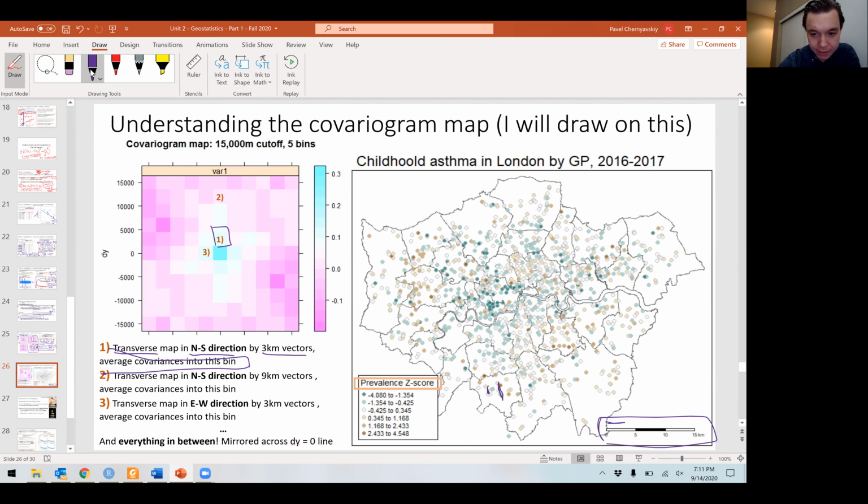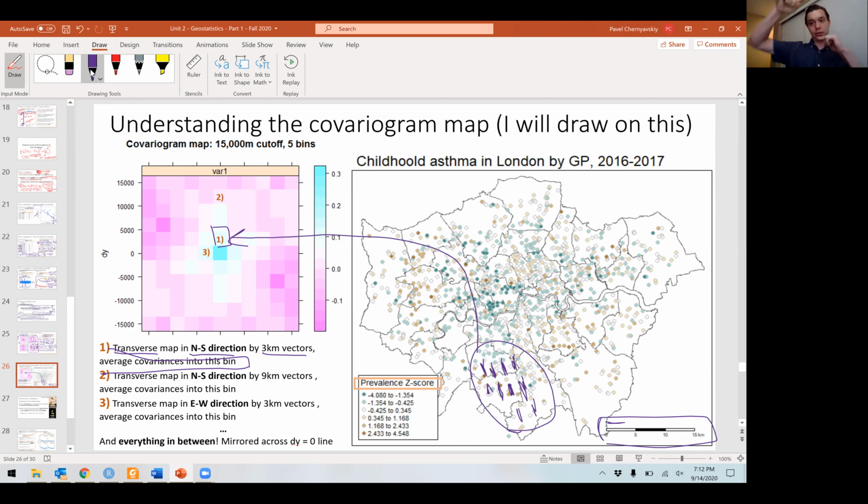And I do this all over the map. I traverse the map. And now I take the average covariance of all of those points and I map it, all points that are 3 kilometers apart, north-south, right?